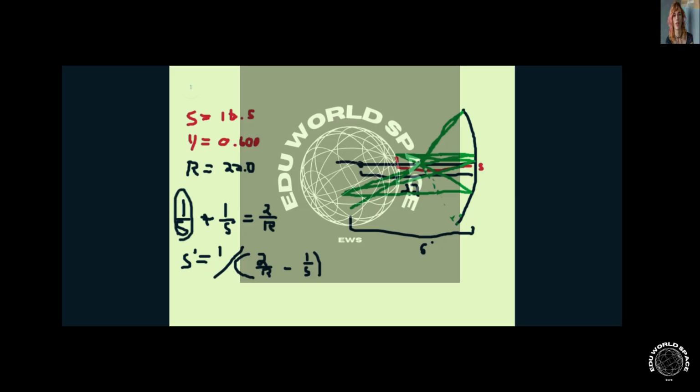So once you bring this over and subtract it, and then inverting because we have a 1 over S prime, S prime equals 1 over the quantity 2 over R minus 1 over S.